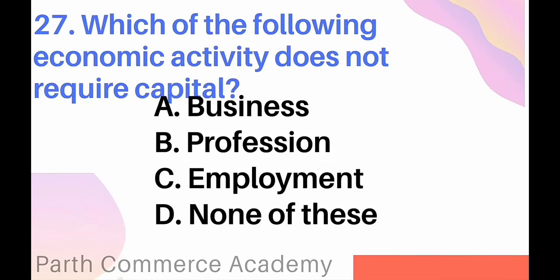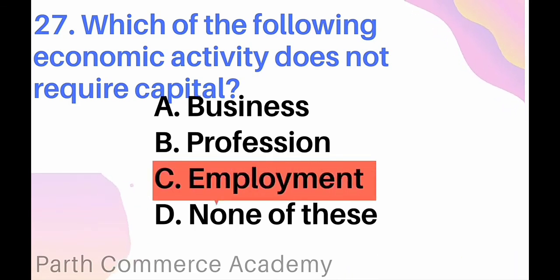Next is, which of the following economic activities does not require capital? Business, profession, employment, and none of these. We know that in employment only, the person does not require any capital to start his duty. That's why the correct answer is option C, employment.